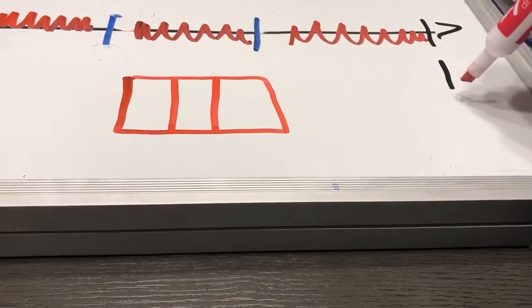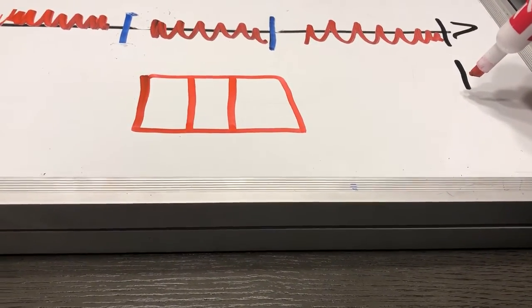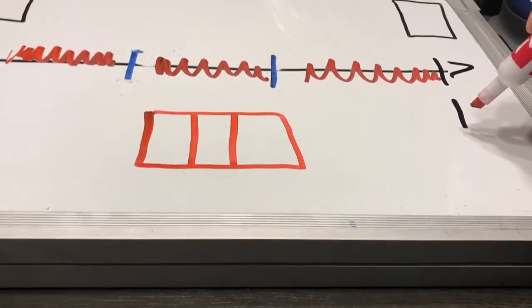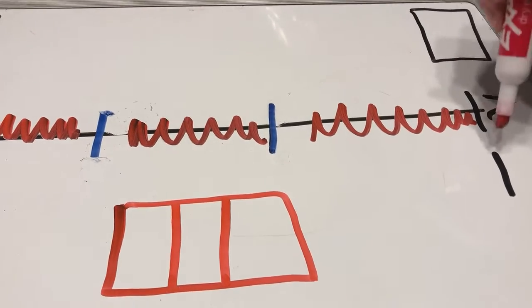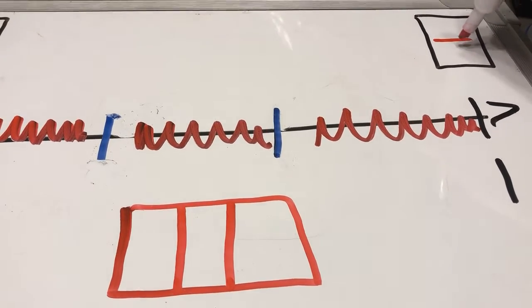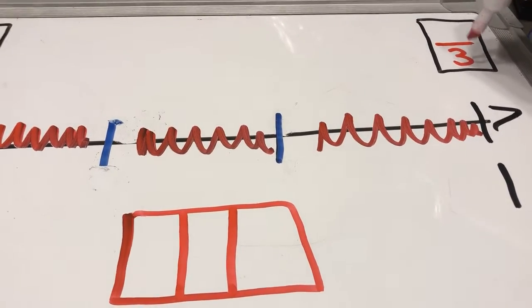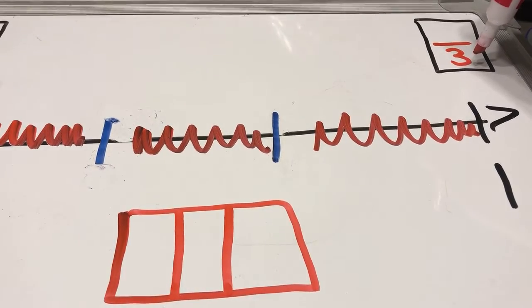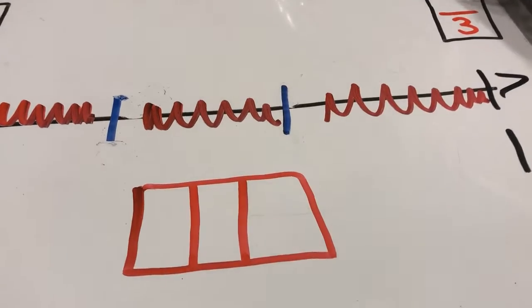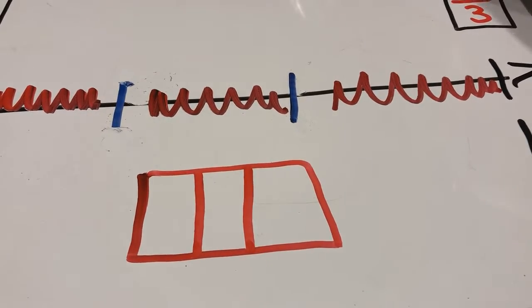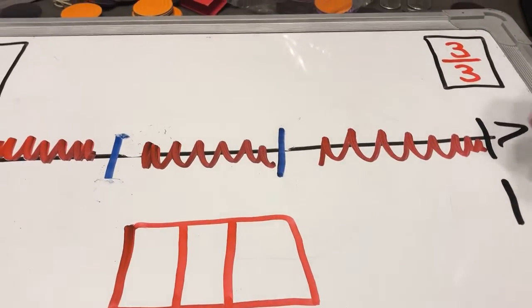So I see that we have 1 here to mark 1 whole, and I just said we have 3 parts in our whole. So we have a fraction here. Our denominator tells us how many equal parts we have, and 1 whole gives us 3 parts.